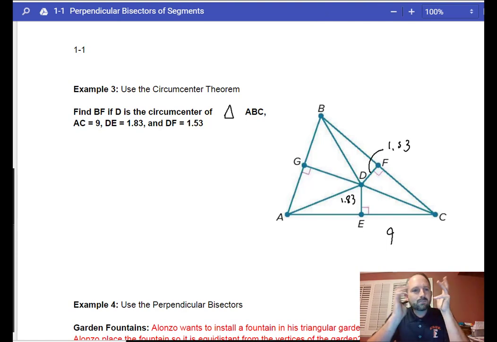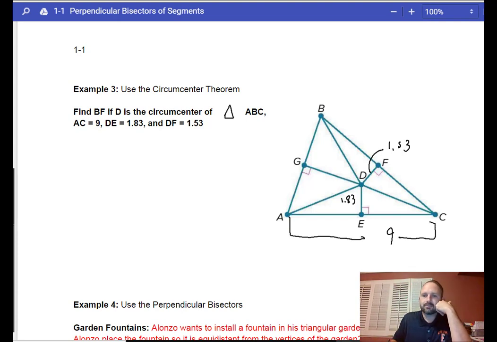So let's break this down for you. You have to think beyond and think, all right, what can I use to help me out? I know that AC is equal to 9, and I know that E is the perpendicular bisector. So that means EC right here has to be 4.5.